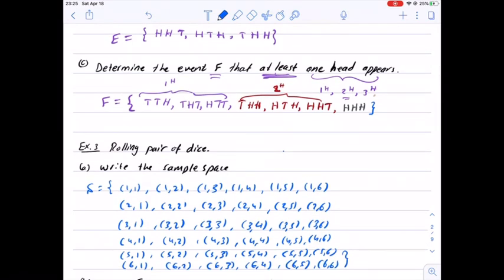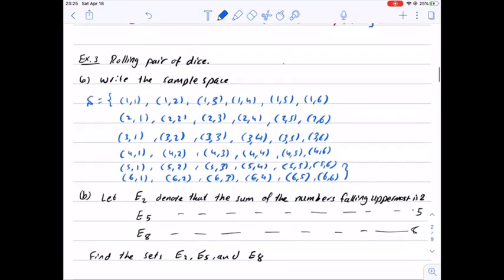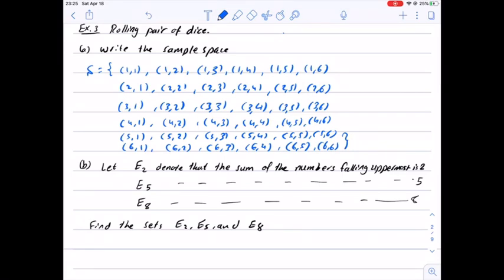These are all possible outcomes, and these are elements of the sample space of the experiment of rolling a pair of dice. Now we want to determine the following events.